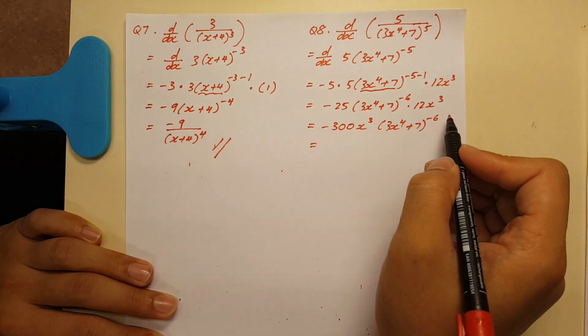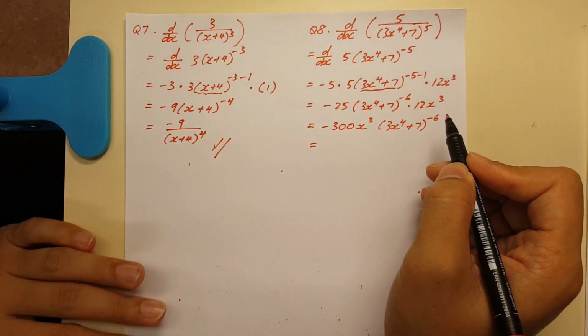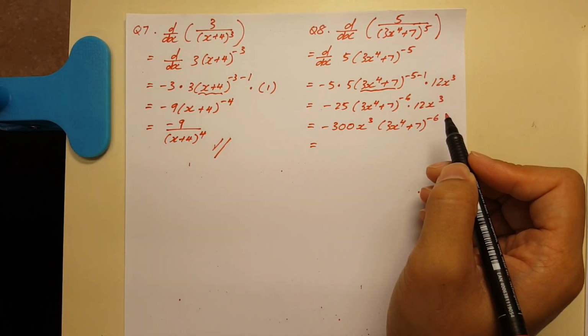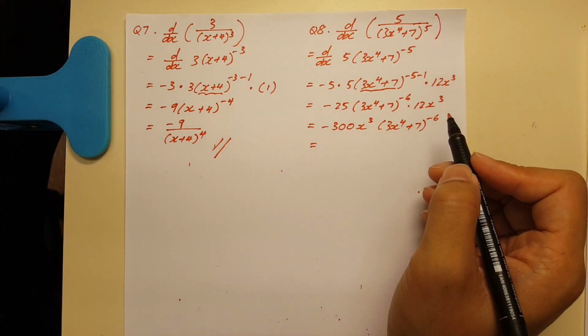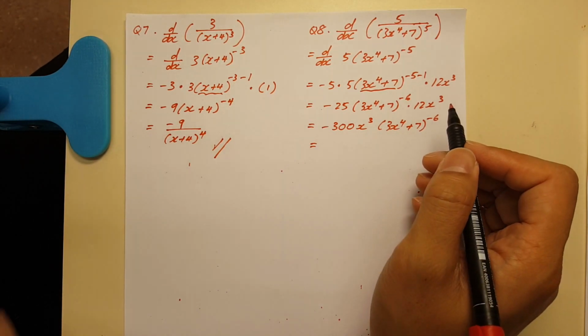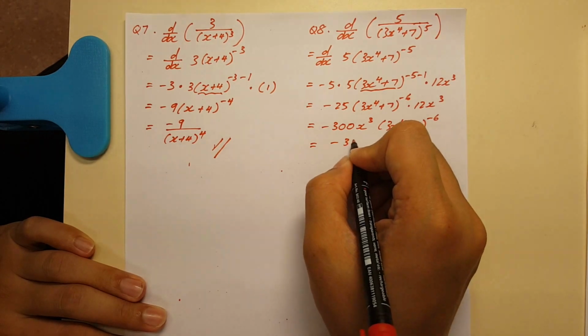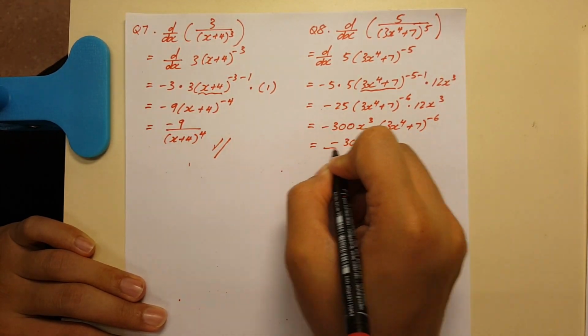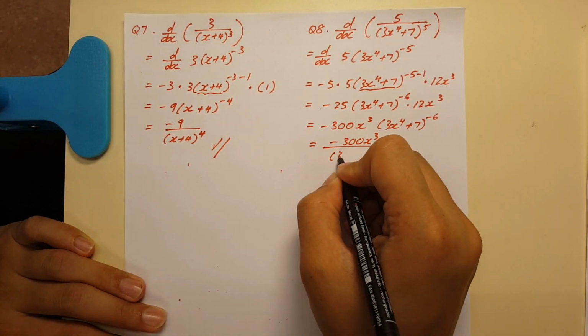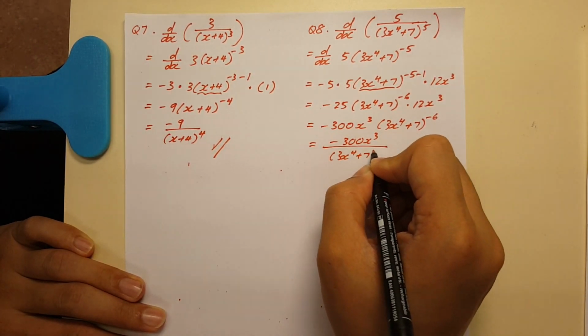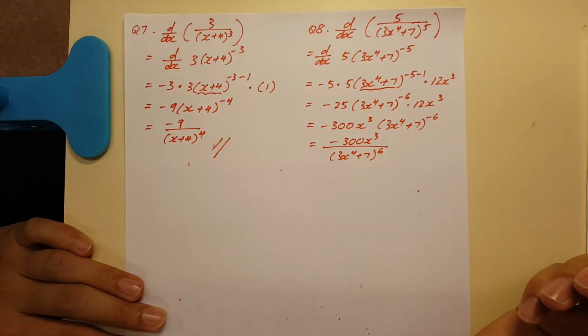I told you before, I don't want to see a negative index notation. I only want to see the positive index one, because that's maths convention, right? So I'm going to move it down: (3x to the power of 4 plus 7) to the power of 6.